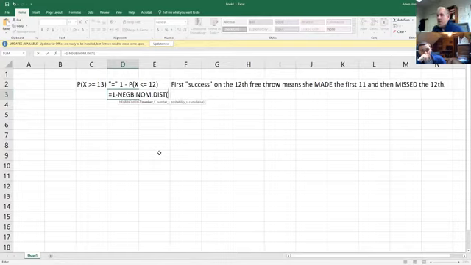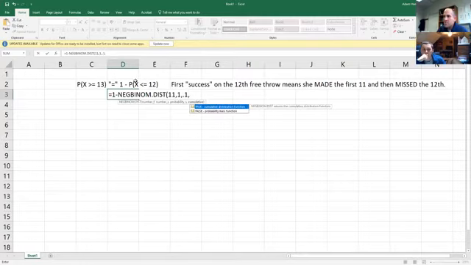The number of failures would be 11. Because failure means make a free throw here. It's kind of backwards, but. And how many successes? 1. What's the probability of success? It'd be 0.1. And since I want the probability that x is less than or equal to 12, I really do want it to be cumulative, right?